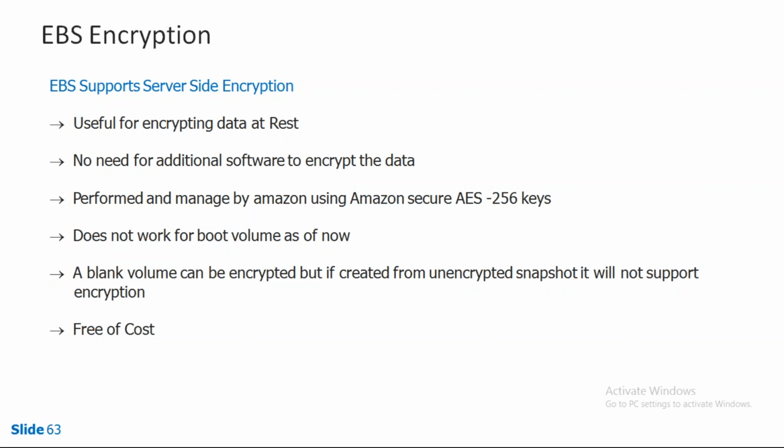So remember, encryption is nothing but this: if you have some data and, fortunately or unfortunately, some unauthorized third party gets access, that person will be able to use your entire data and do anything with it.